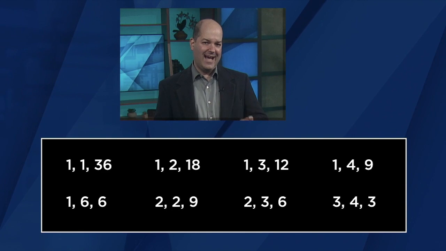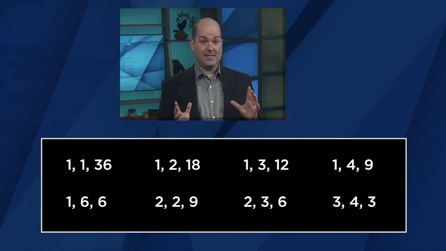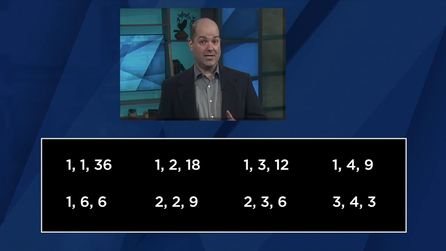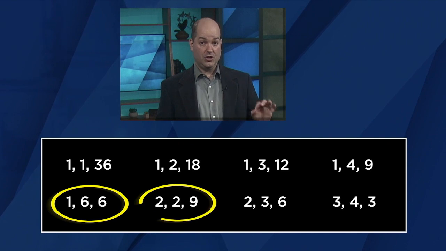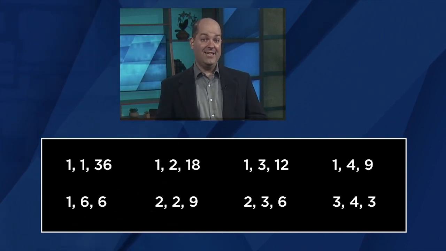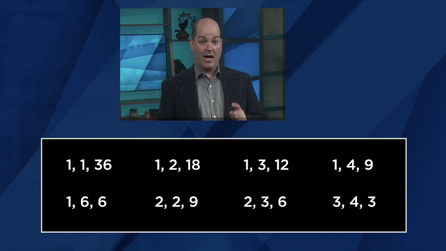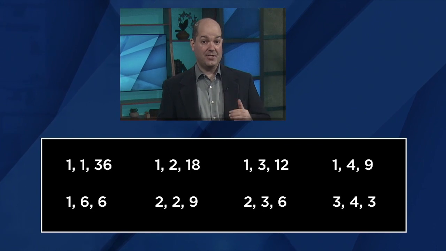Since Dave could not yet solve the problem, we look for triples that have the same sum. The only 2 such triples are 1, 6, 6 and 2, 2, 9, which both sum to 13. If the ages of Enid's children were anything other than those triples, then Dave would have been able to solve the problem at this point.